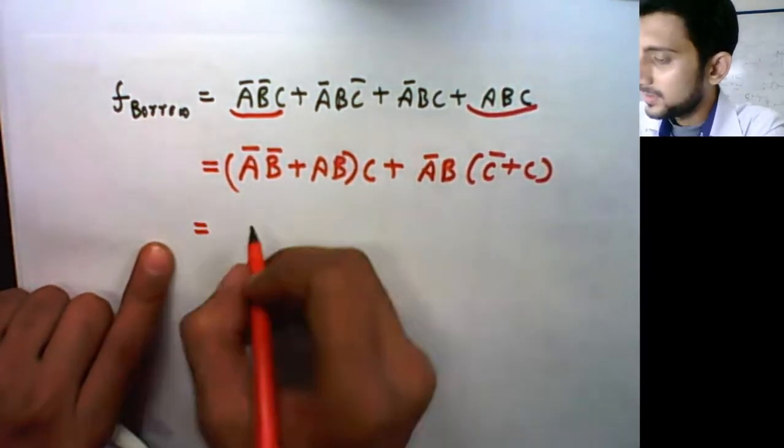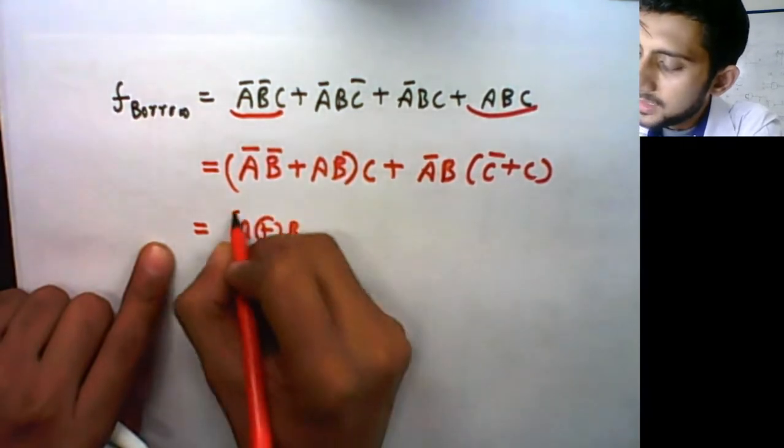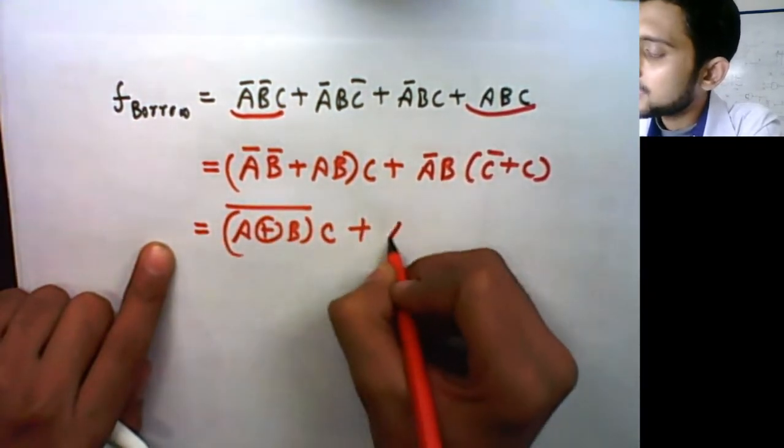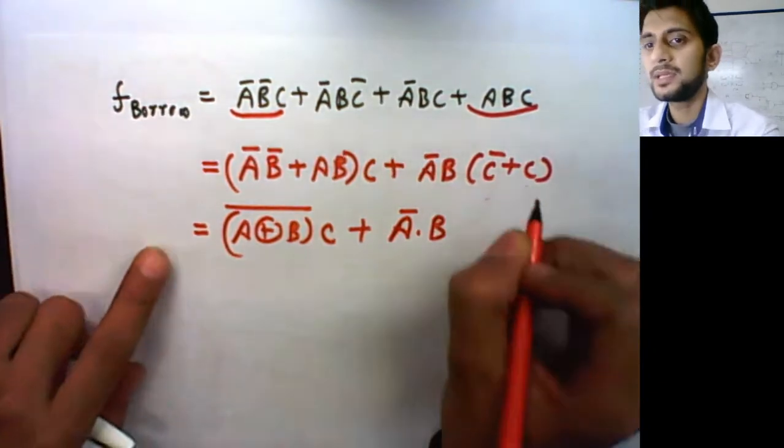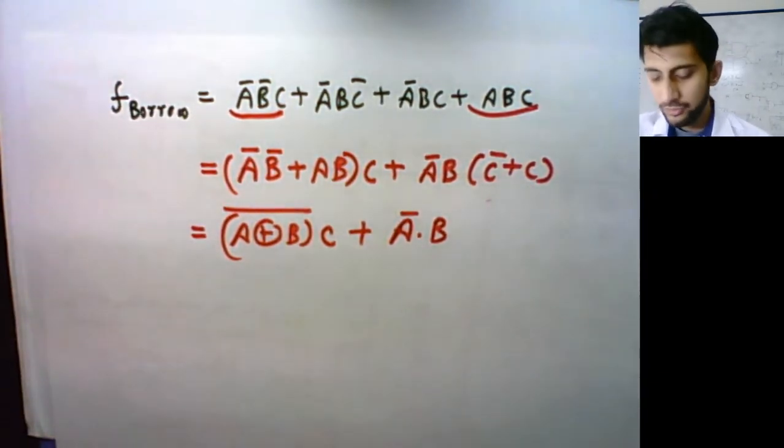So this becomes a XOR b bar dot c plus a bar dot b, because c plus c bar is 1. So this is the final expression for f borrow.